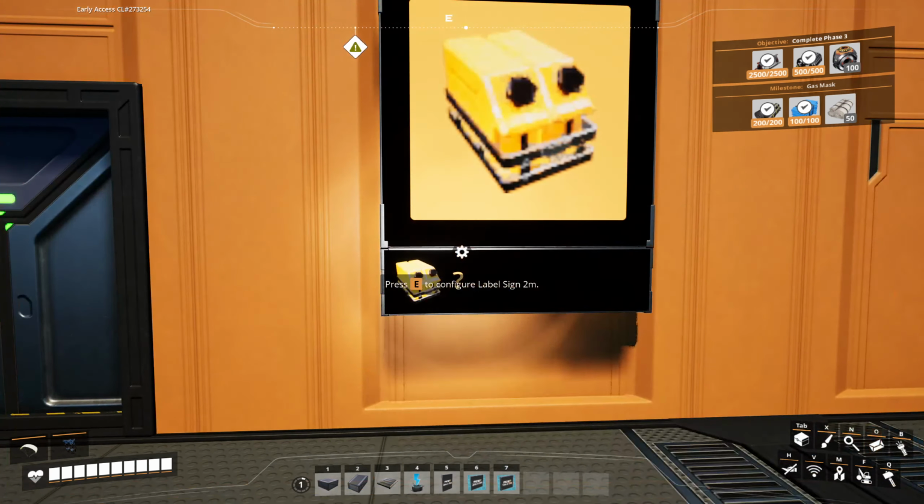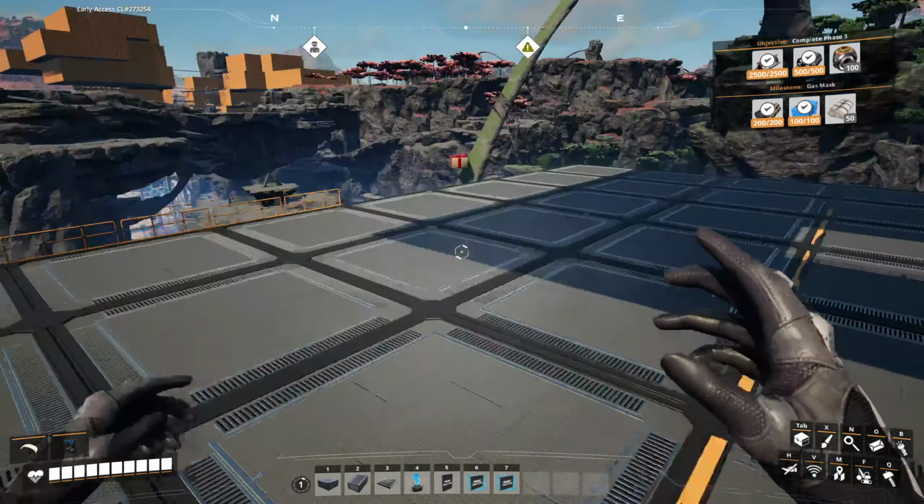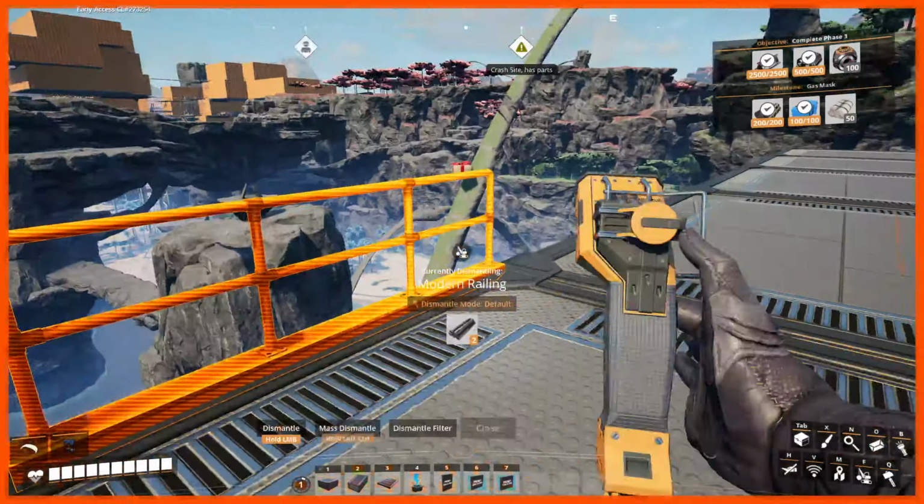I don't think we're going to actually make any for storage, just going to overflow at the storage.